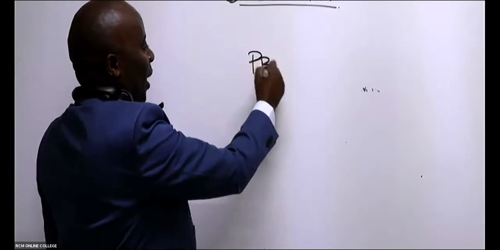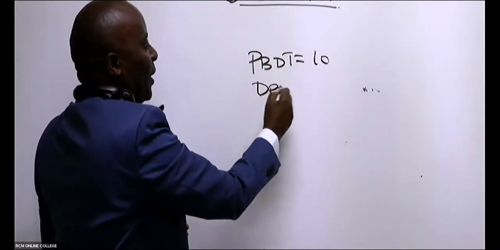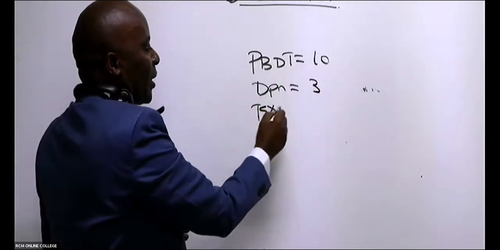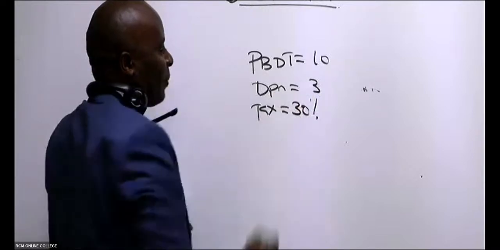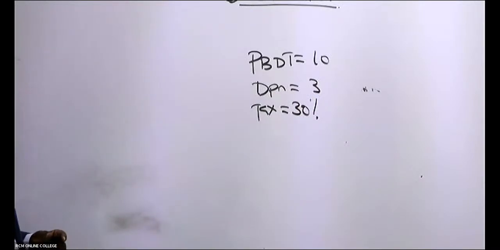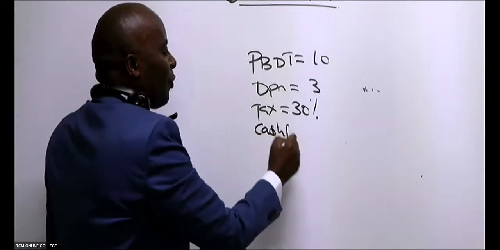Illustration one: if PBDT is 10, and depreciation is 3, and tax is 30%, I would want you to calculate for me the cash flow.